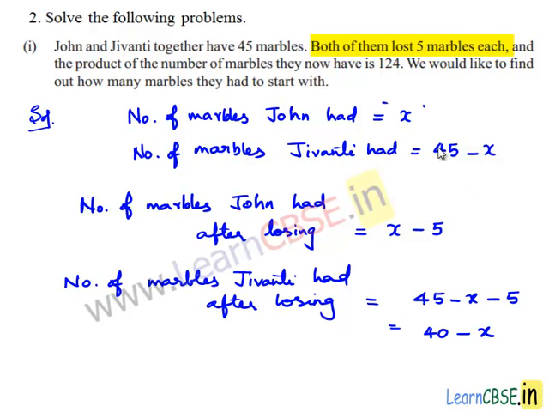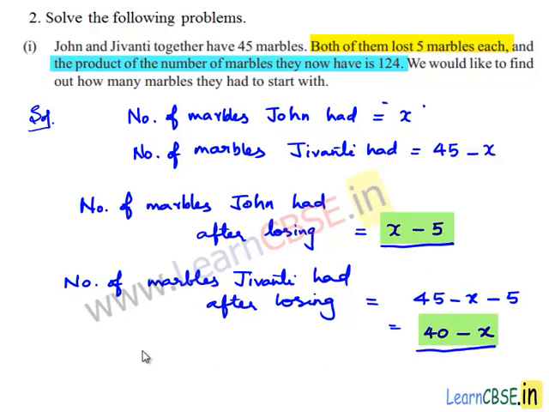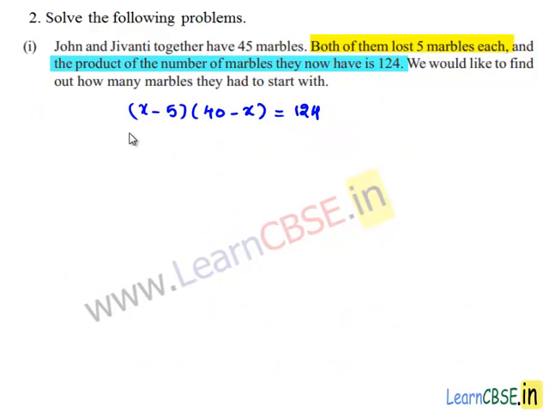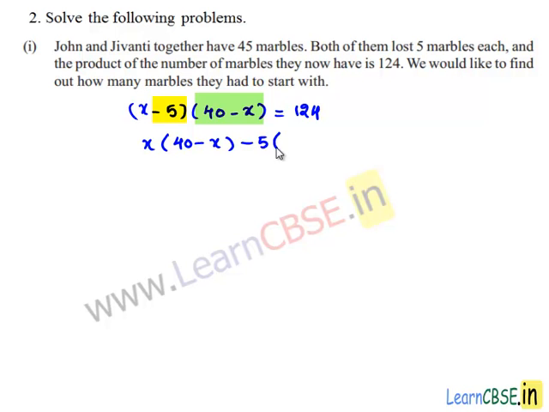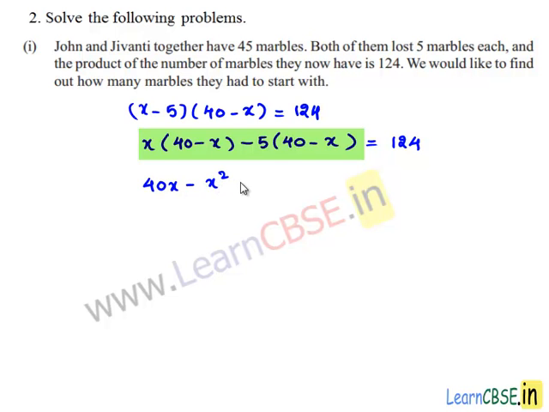Now, according to the given condition, the product of the number of marbles they now have is 124. So, this product x minus 5 times 40 minus x will be equal to 124. This can be written as x times 40 minus x minus 5 times 40 minus x is equal to 124. 40x minus x square minus 200 plus 5x is equal to 124.